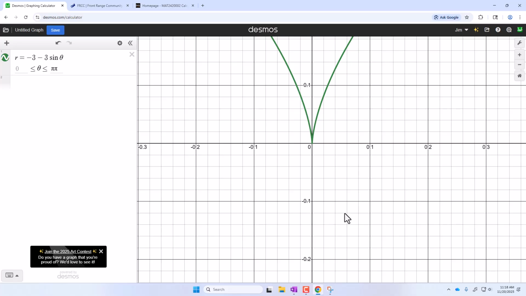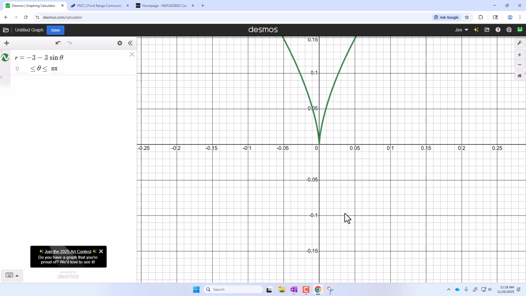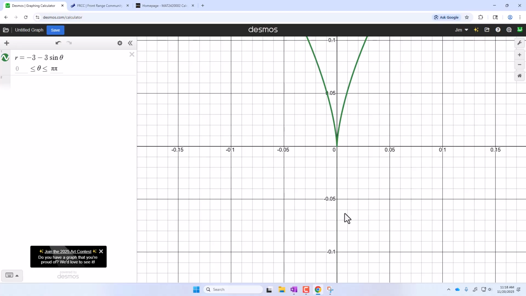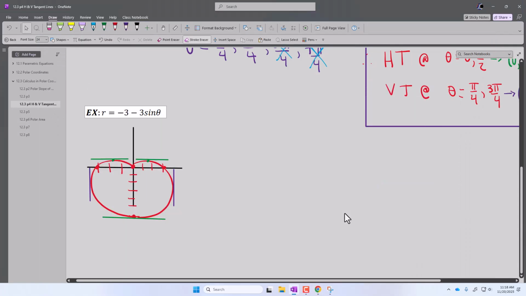And if you look in your book, they will go through the math here to confirm that wherever your dimple is, if your dimple is on the y-axis, it's actually a vertical tangent. And if your dimple is on the x-axis, it's actually a horizontal tangent. So you'd have to use a limit to do it. We're not going to go through that detail. It's a little bit tedious.